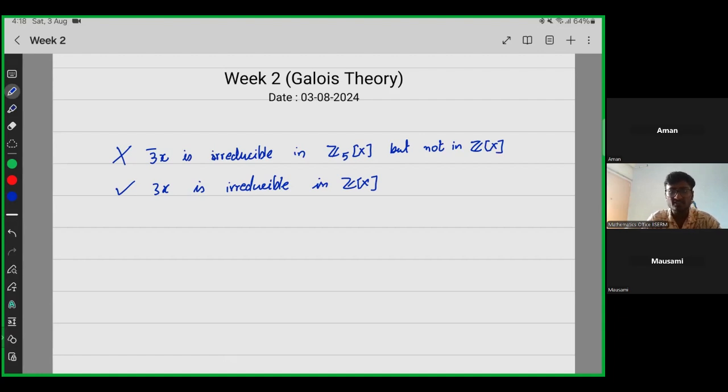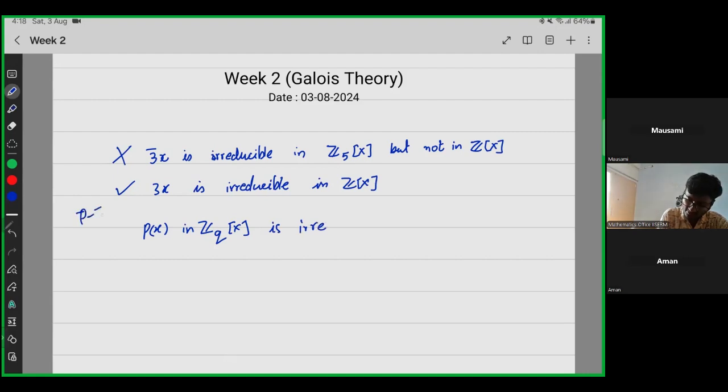So our proof for the mod p test is correct: if some p(x) mod p, that is q(x), is irreducible, this was the mod p test for irreducibility, then p(x) is irreducible in Z[x].